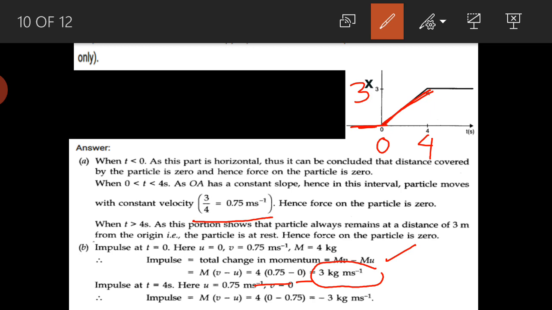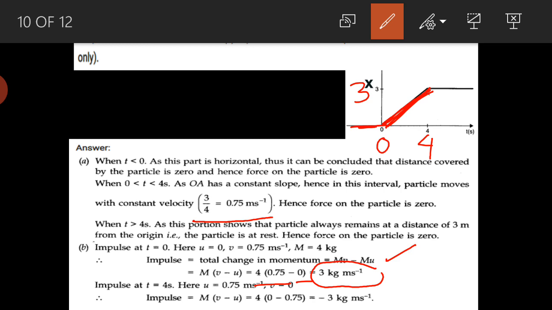Come to the second part of the same question, that is, the impulse to be calculated at t equals 4 seconds. Again, let us take the velocity before t equals 4. Before t equals 4 means this part. So here the velocity is 0.75 meters per second.